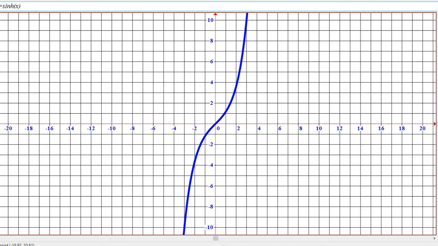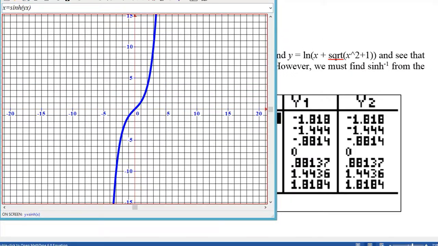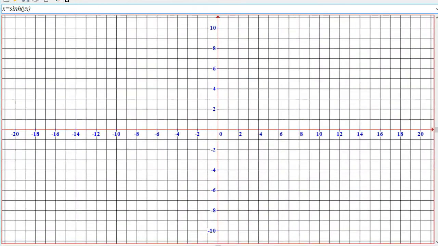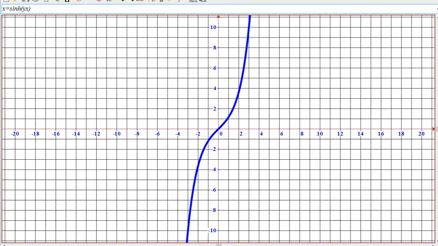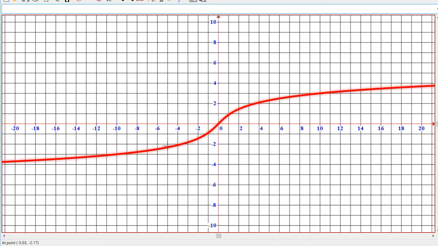So now if we change this to x equals sinh of y, let's see if we can get this to fit in the window a little better. So if we do x equals sinh of y, then it's going to reflect over the line y equals x. So you can see that to start with. Now I'm going to get rid of this one. This is our original one, let's make it blue.